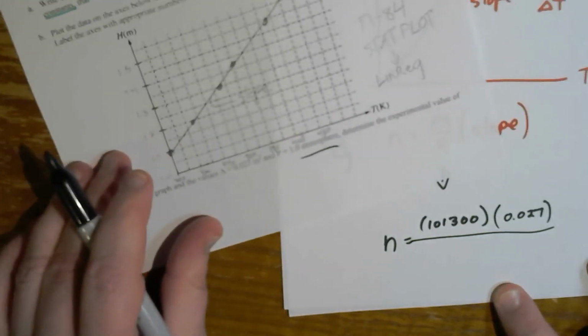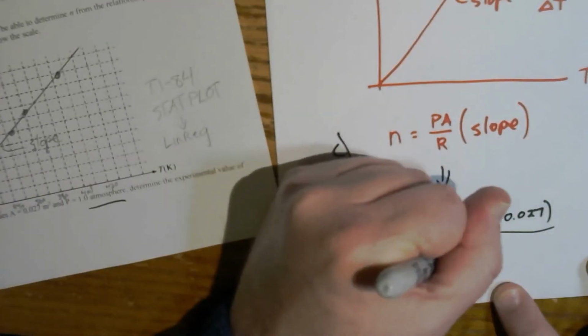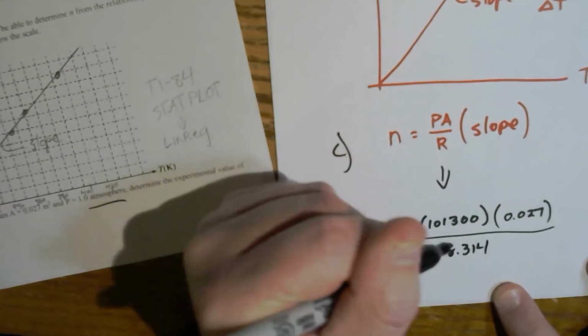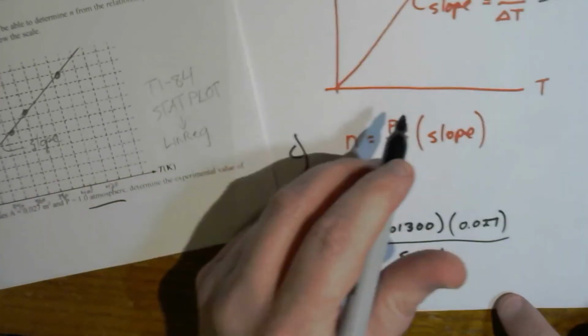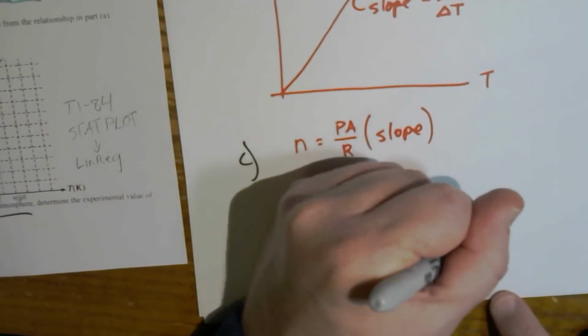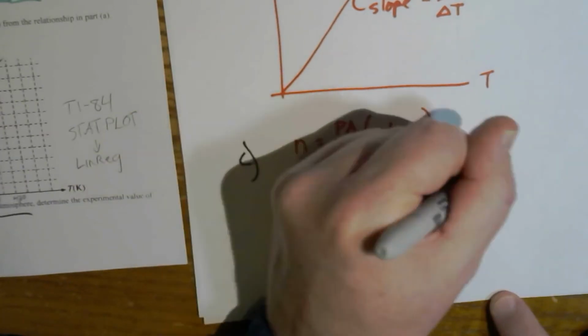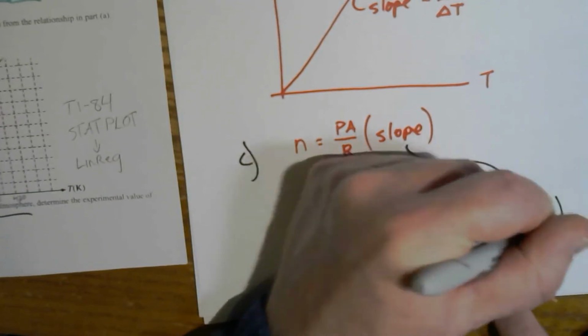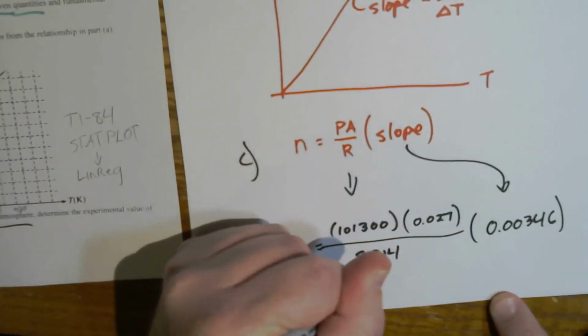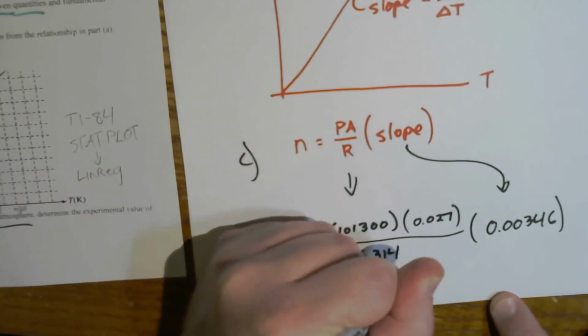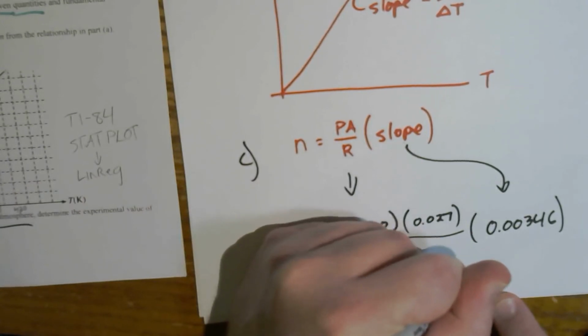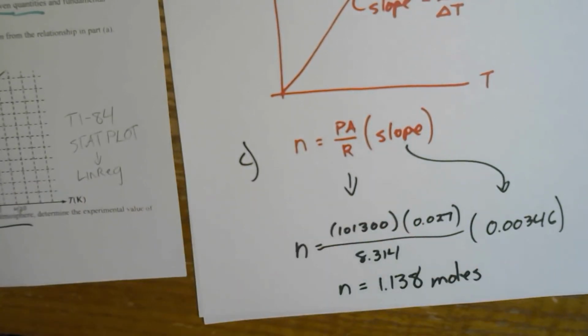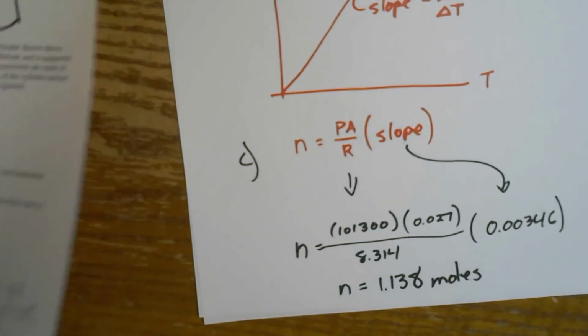Then we've got the ideal gas constant on the bottom, which remember is 8.314. And guys, the constants are on the back of your equation page. You'll get to use that. Times the slope, which is 0.00346. And when you plug that into your calculator, you get 1.138 moles. That's your solution for part C.